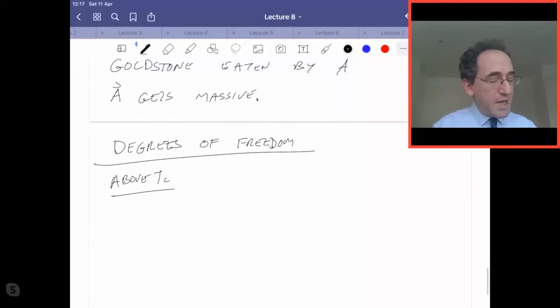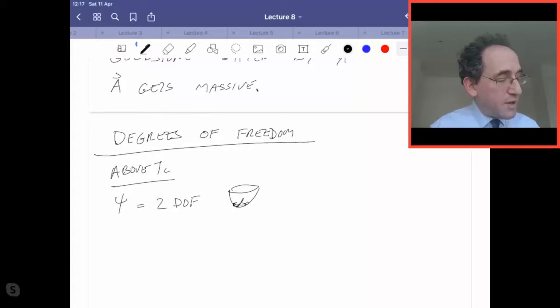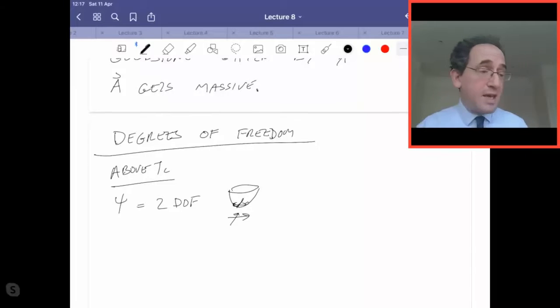Well, we have psi, which has 2 degrees of freedom, because it's a complex field. You're at the bottom of this parabola, and you can oscillate in either the real or imaginary direction. That's a terrible drawing, but you know what I mean. You can either go this way or you can go that way.